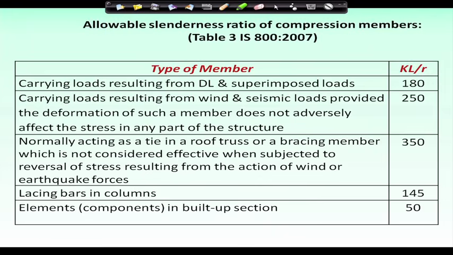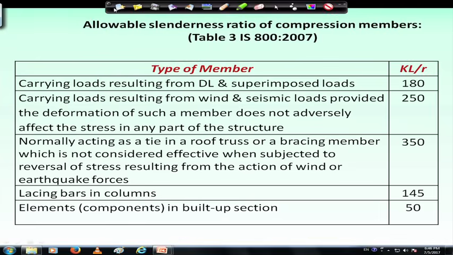Now, another thing we have to remember while designing the compressive member is the allowable slenderness ratio. That has been defined in Table 3 of IS 800:2007. For a compressive member carrying loads resulting from dead load and superimposed load, the limiting value is 180.